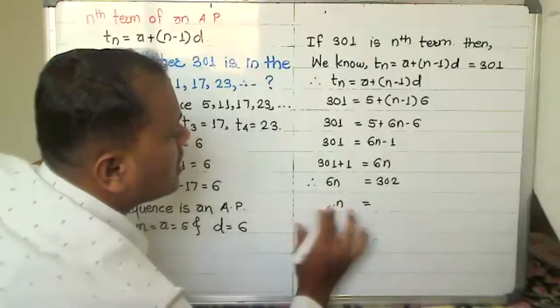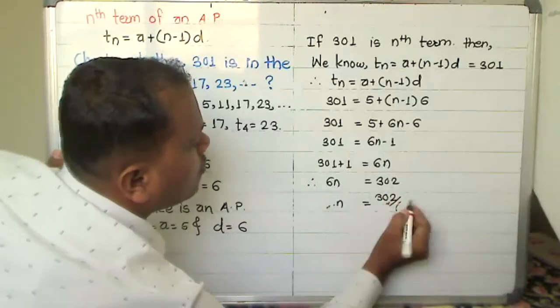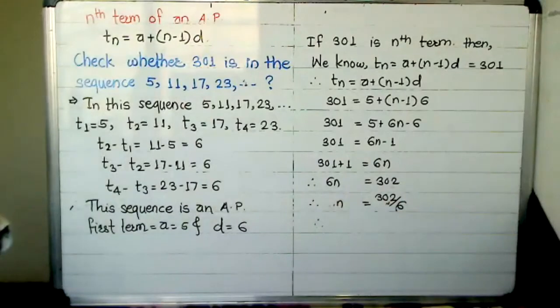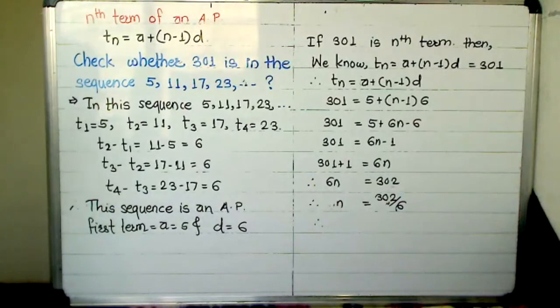So n is equal to 302 divided by 6. But if you observe carefully, the division of these two terms, 302 divided by 6, is not an integer, and the number of terms must be an integer.